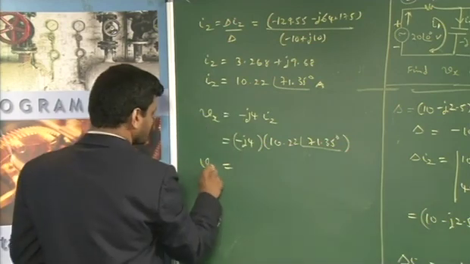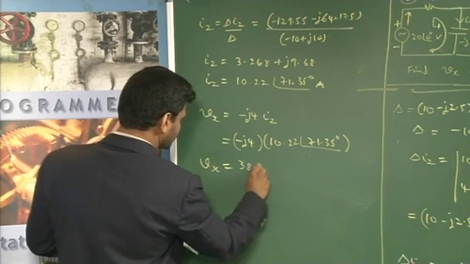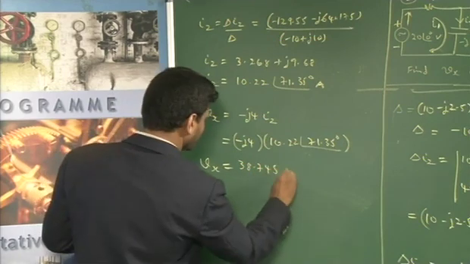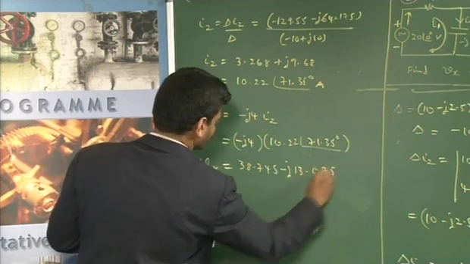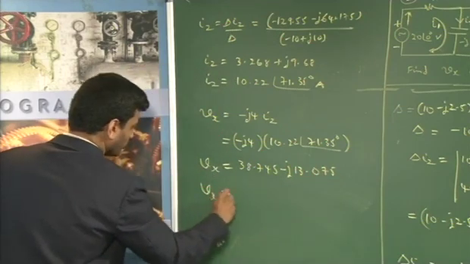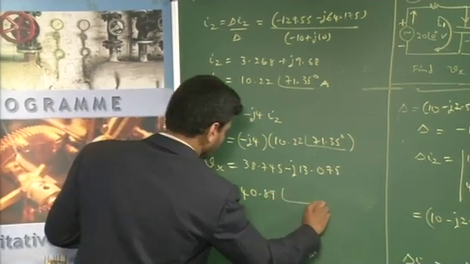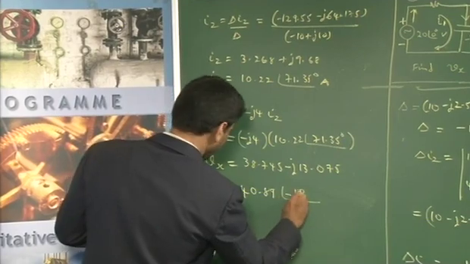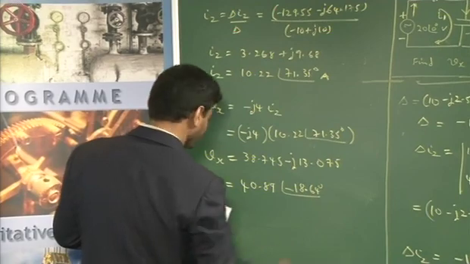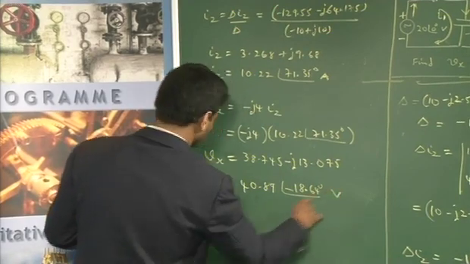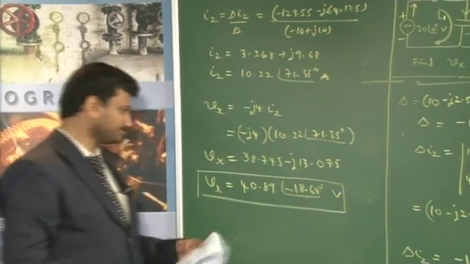When you substitute this, you will get Vx as 38.745 minus j13.075. Then Vx in polar form is written as 40.89 at an angle of minus 18.64 degrees volts. So, this is the expected result.